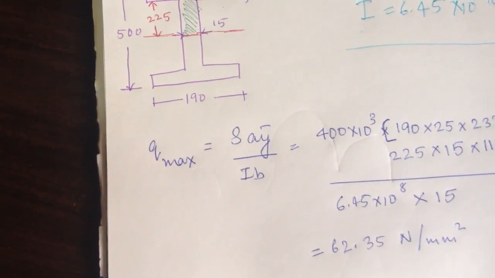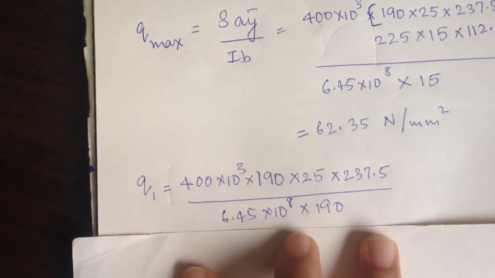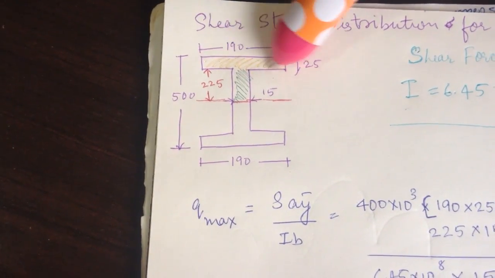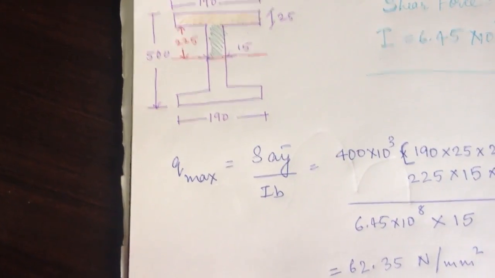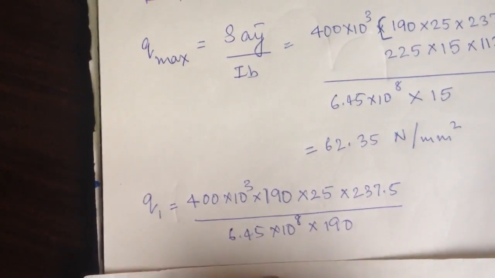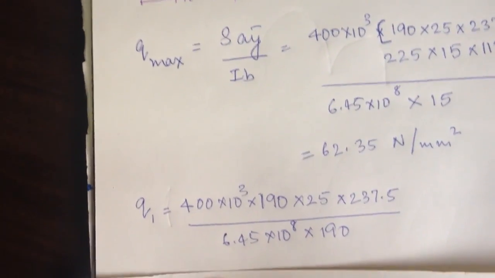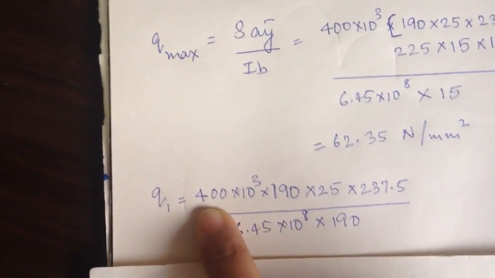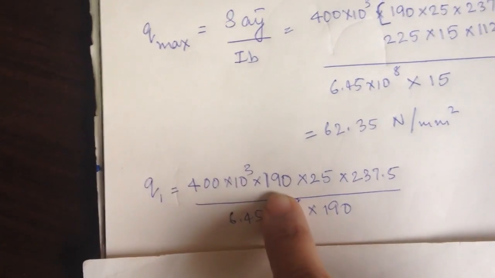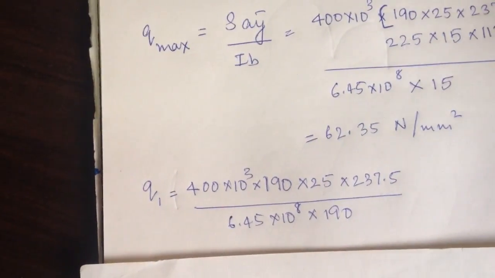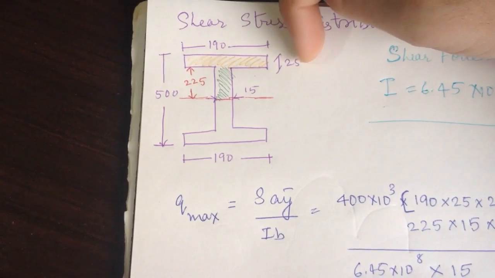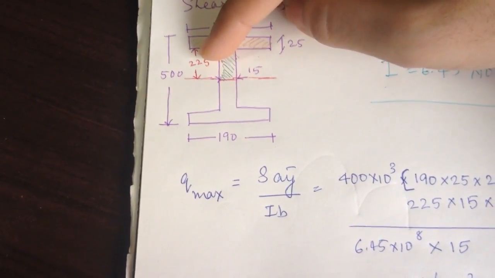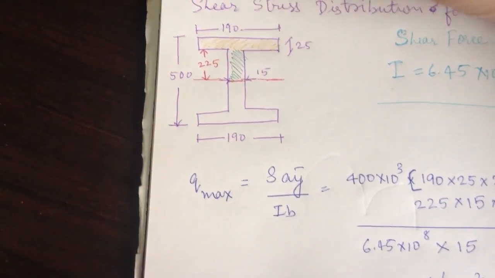The next is finding Q1. Q1 is the shear stress under this flange, under this point. For that we use the same formula, but what will change is of course the area, the ȳ, and B. So here 400 kilonewton into 190 into 25, that is the area of the flange, and of course the ȳ, which is 225 plus 12.5, the half of 25.